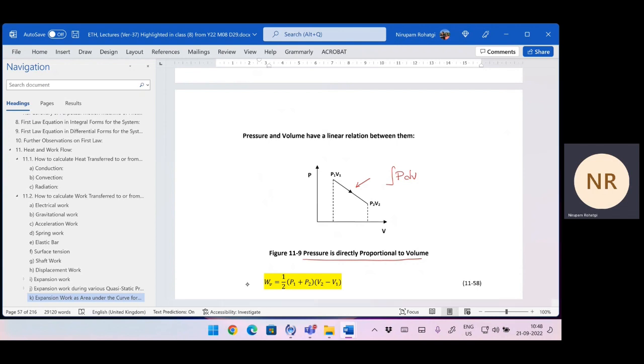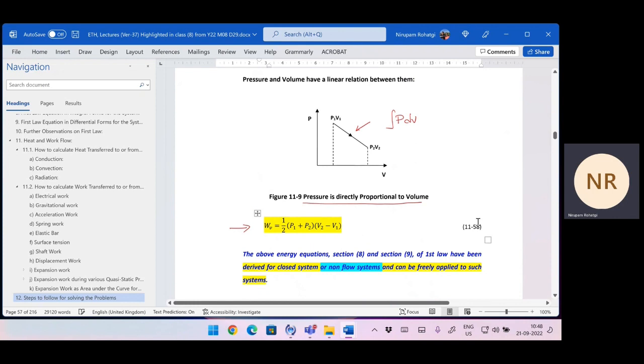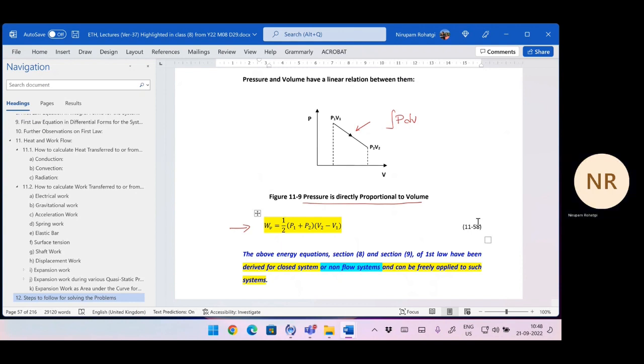But here you can simply find out work done is equal to half of (P1 plus P2) multiplied by (V2 minus V1), the area under the curve. So the idea is to tell you that this is also an option. It's not that PdV is giving you a wrong answer. It becomes slightly lengthy. Sometimes this is easier.